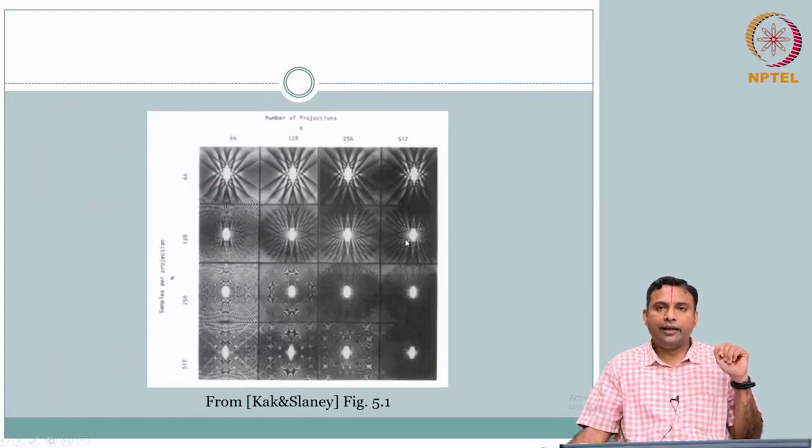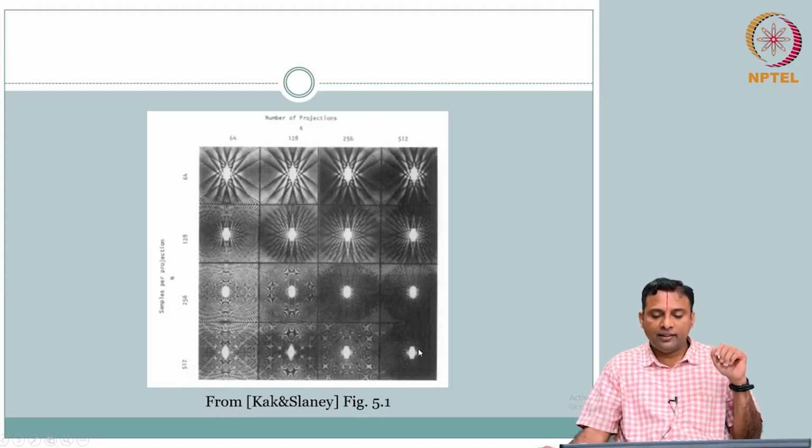So here is an example of the variation of the number of projections and samples per projection. Even this is pretty good, you see one object here at the center, which is supposed to be the case, but you notice this star. People call this the star artifact.